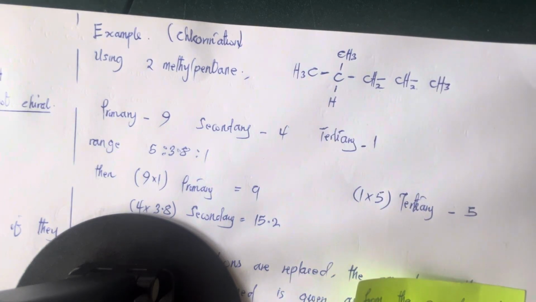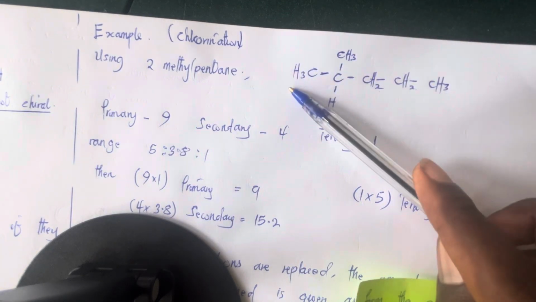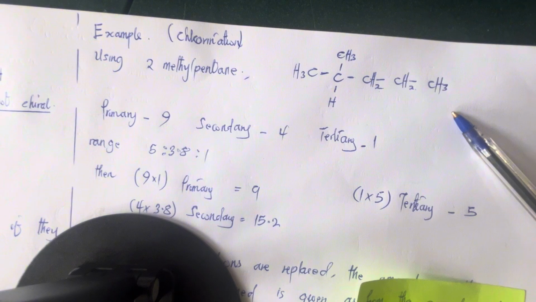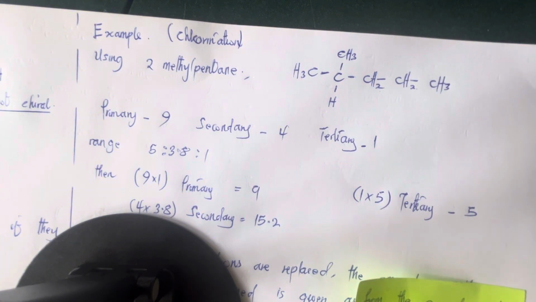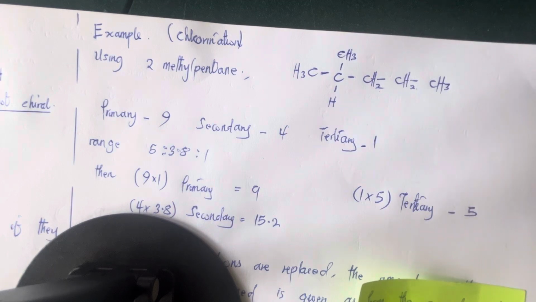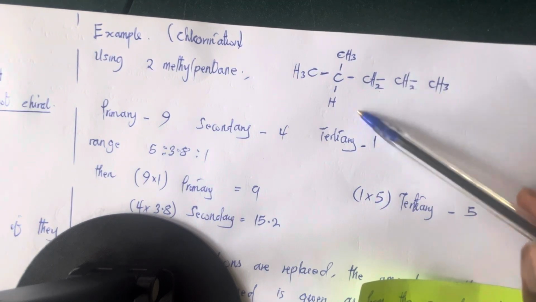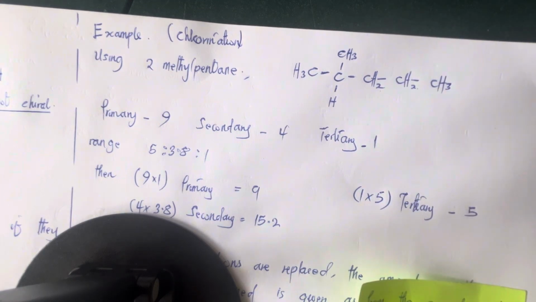Okay, so here you have to determine the number of primary hydrogens. Primary hydrogens 3, 6, and 9. So there are 9 primary hydrogens. The secondary hydrogens are 4, from carbons 1 and 2 and so on. I've already explained why these hydrogens are secondary, because they have been bonded to a carbon atom which has been bonded to 2 other carbon atoms.